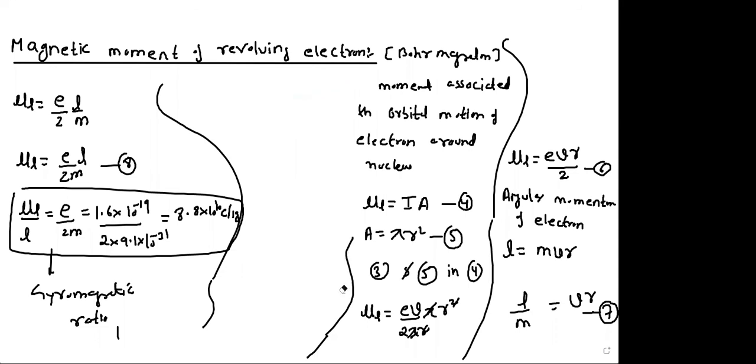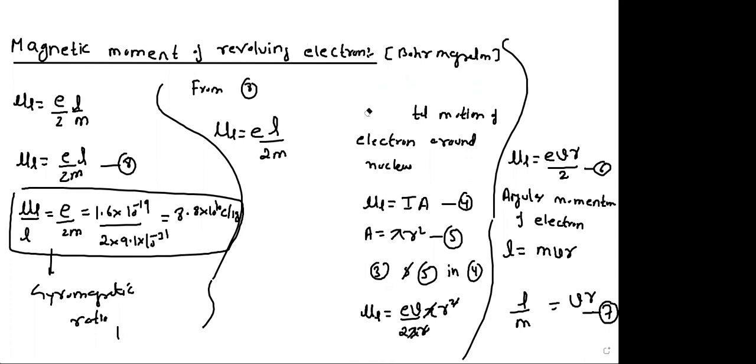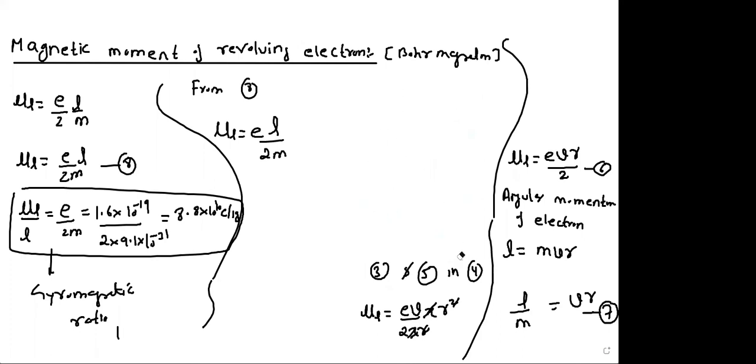Okay, after this we can do one more thing. In equation number 8, your mu L is eL by 2m. Have you heard about Bohr's atomic model? There were certain postulates in Bohr's atomic model, right?